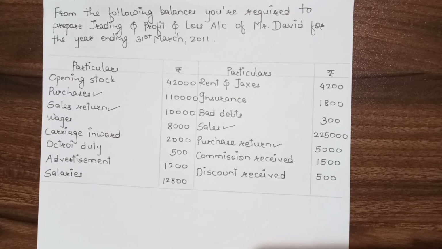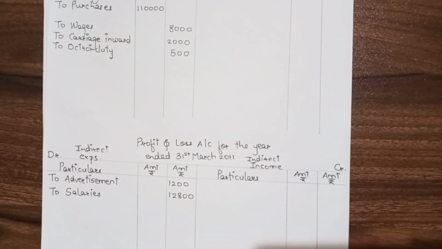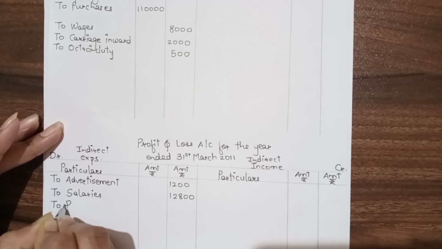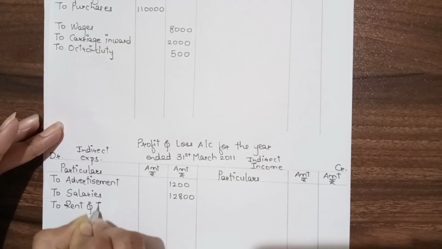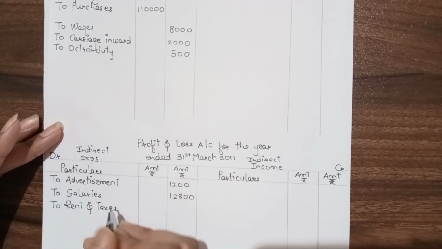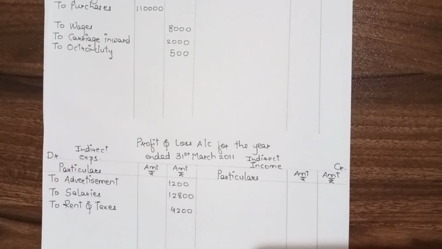How are you going to identify indirect expenses? Indirect expenses are those expenses which are indirectly related to your business, which are not directly related to your business. Okay, so that is why we are going to post it in the debit side of profit and loss account to rent and taxes. Amount rupees 4,200. We don't have any adjustment, so amount in the outer column.